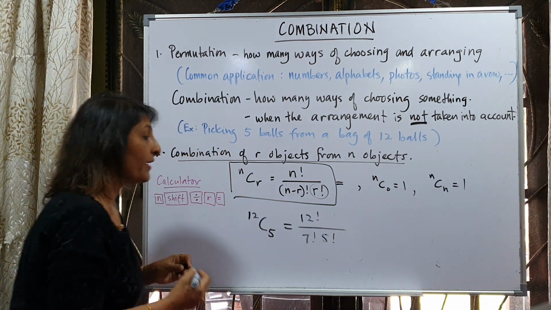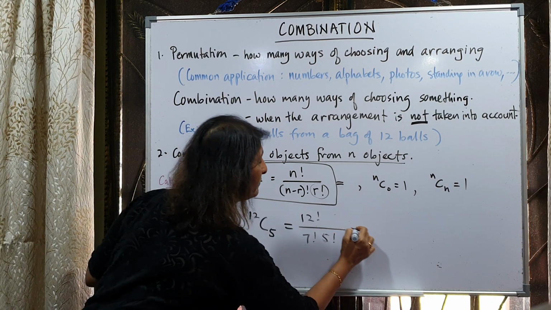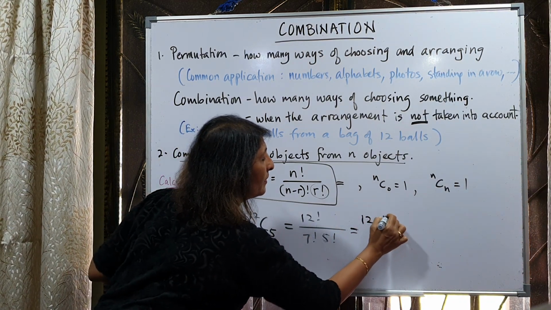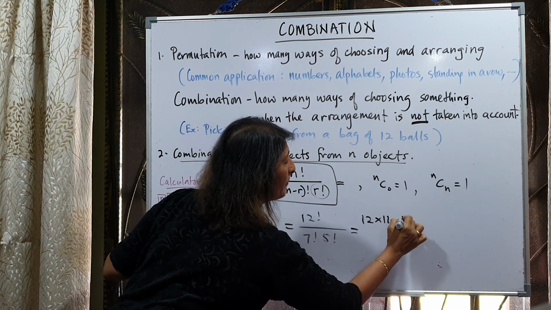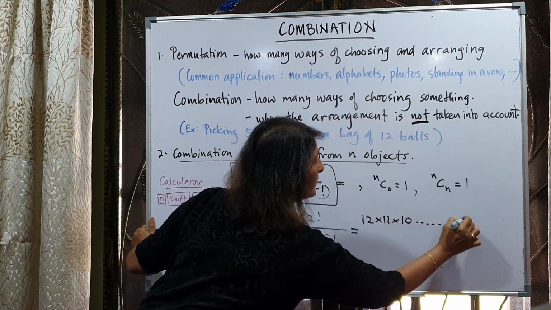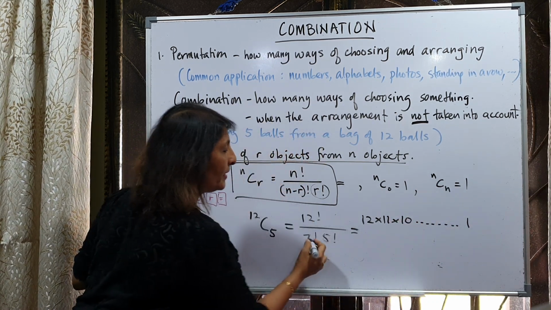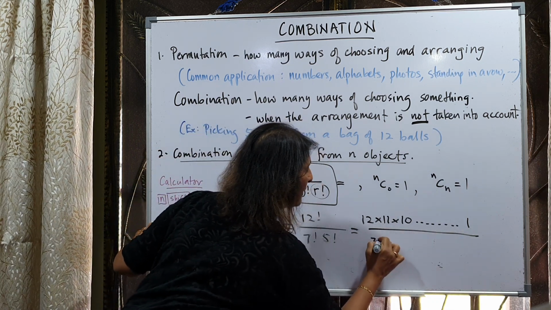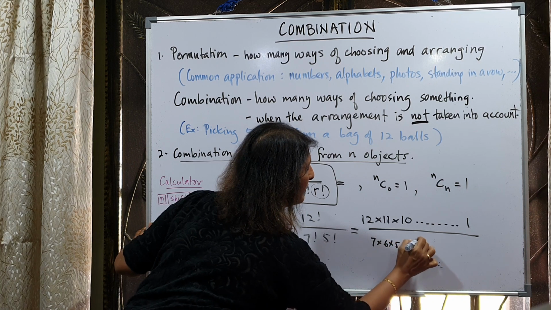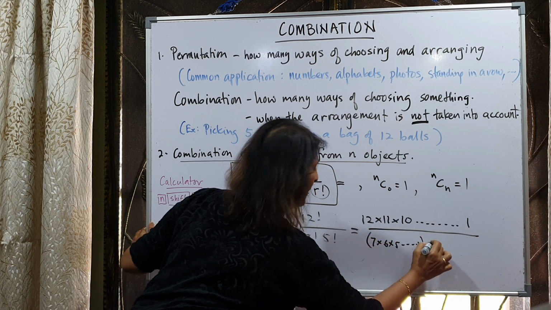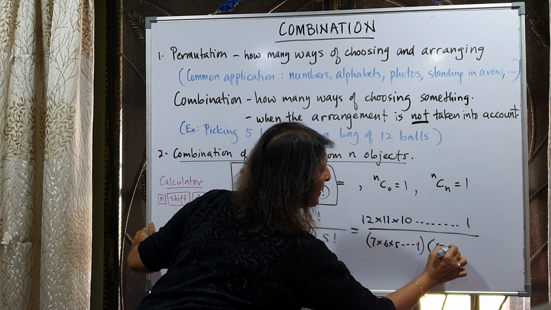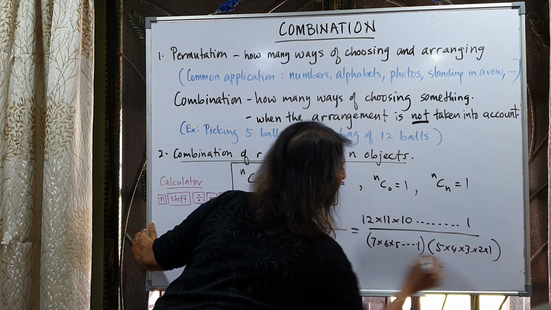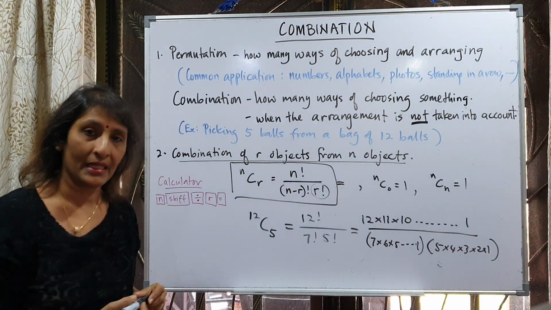Factorial means, if it's 12 factorial, starting from 12 you multiply all the numbers downwards until 1. 7 factorial and 5 factorial are the same thing: 7 times 6 times 5 until 1, and 5 factorial is 5, 4, 3, 2, 1. This is what the factorial means.